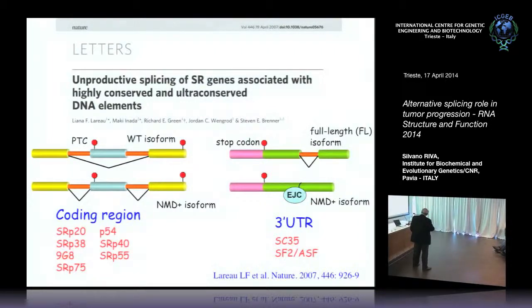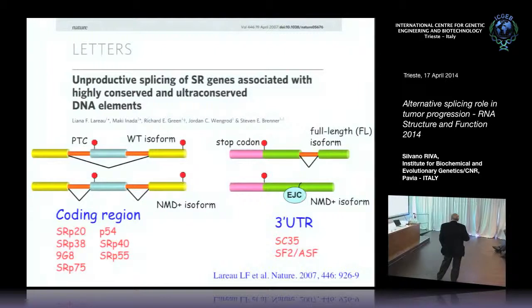In other words, this is a paper in Nature, 2007, and it says that many SR genes have an unproductive splicing which is associated with highly conserved and ultra-conserved DNA elements. I'll tell you what that means.